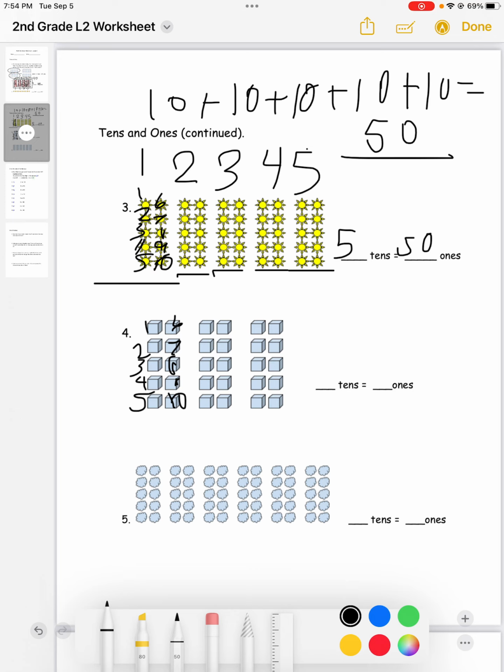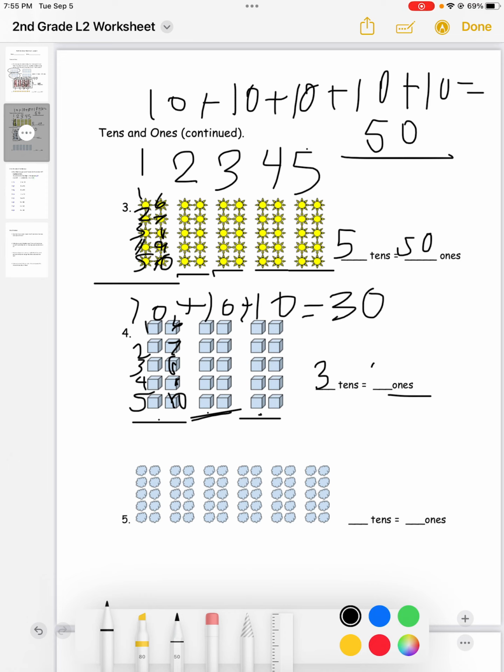But we know that there are 10s in each group, and there are 3 groups of 10. We know this because they look identical to each other. So that means we have 3 tens because there are 3 groups and they have 10 each. So now let's figure out how many ones there are. So it's 10 plus 10 plus 10 equals 30.